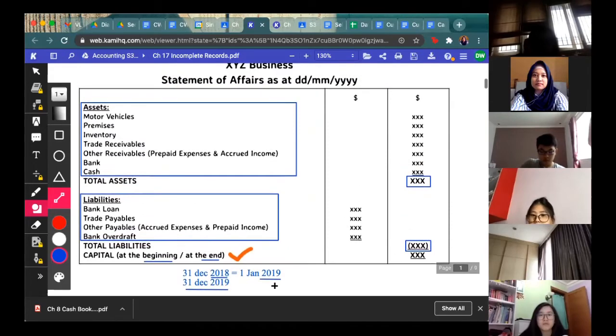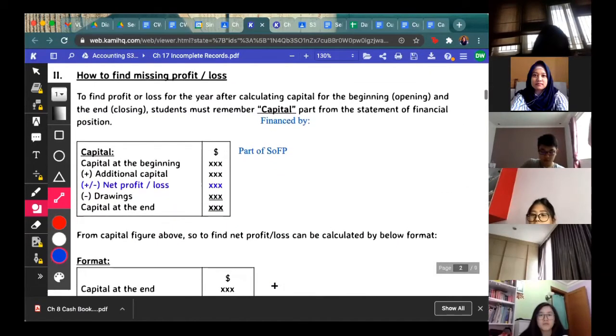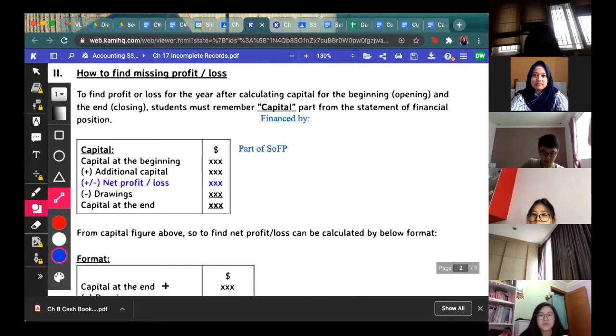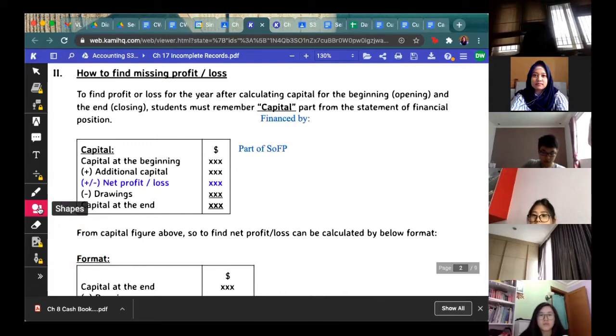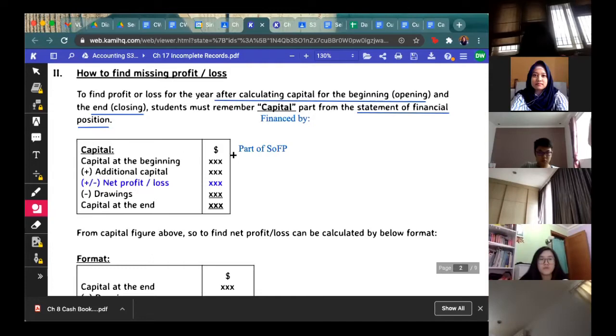Oh yeah. Next is how to find missing profit or loss. This is the continuation after you calculate capital for the beginning and for the end. And then you must remember the statement of financial position in this part, because part of the statement of financial position is the financed by part, or capital part. The capital part looks like this. This is part of SOFP.